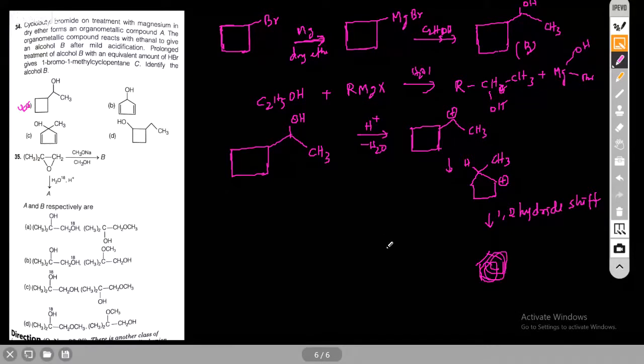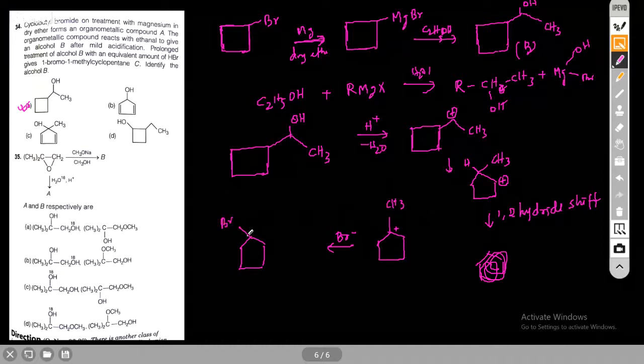Sorry, we'll get the product as this, CH3. Here we'll have the positive sign. Okay. Now this will take the Br minus from the amount of HBr we are using.